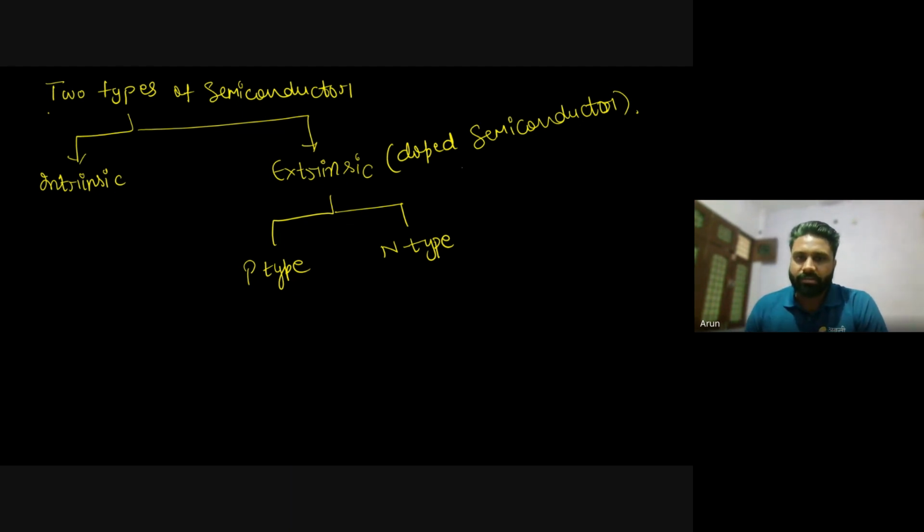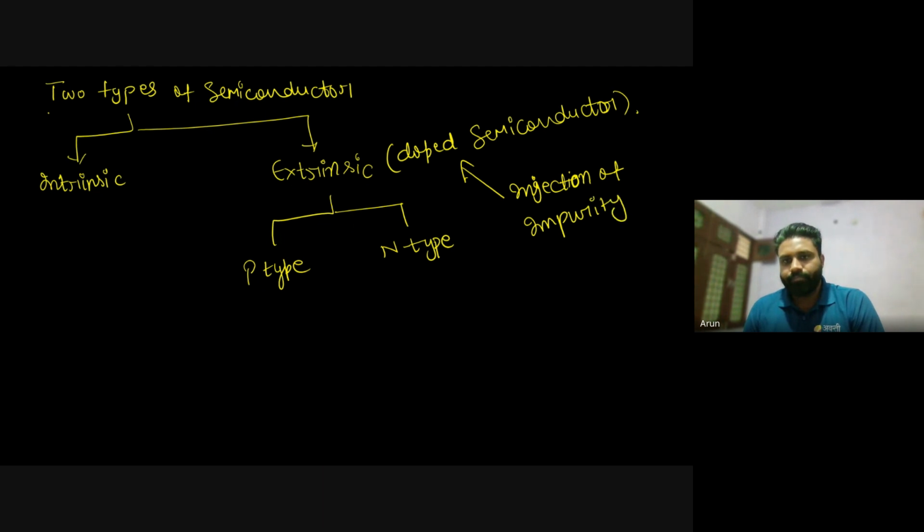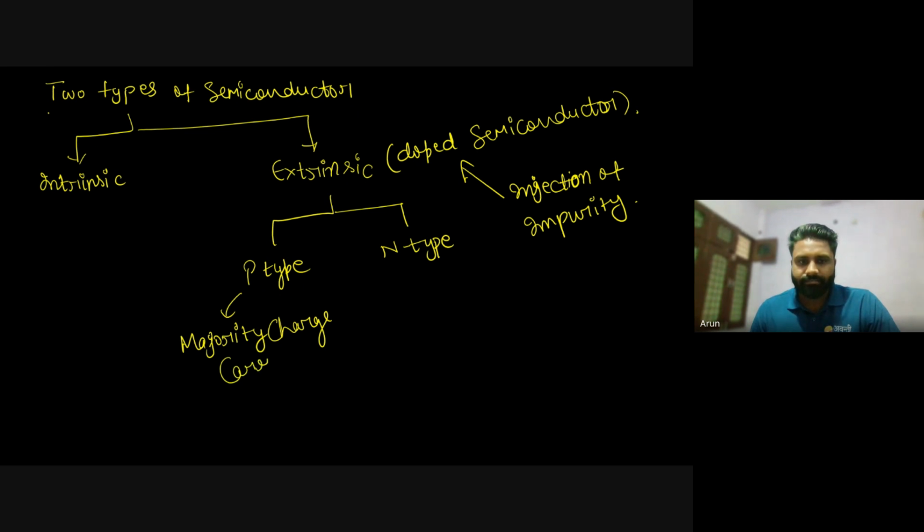How is this doping possible? It is the injection of impurity. In p-type semiconductor, what is the majority charge carrier?